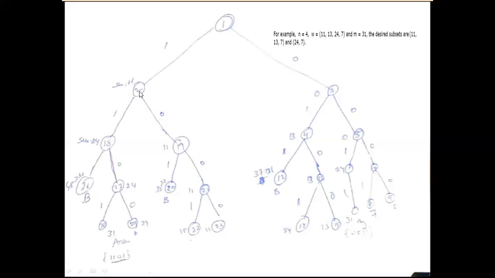It first generates the first child, then the second child. In the backtracking method, the first node is a live node, and the live node is expanded by generating its children.